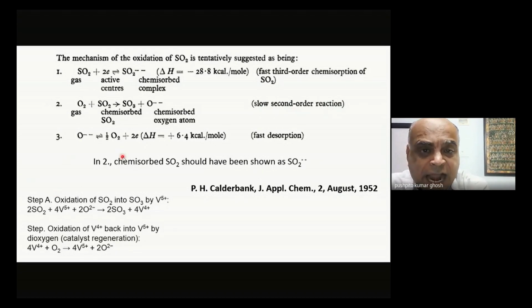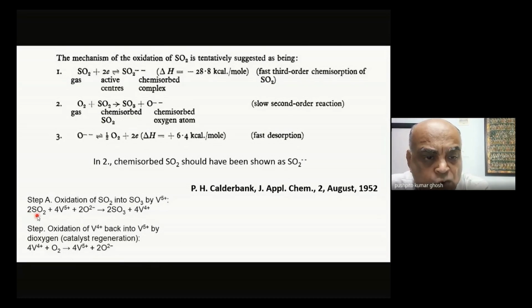And after that, what is happening is that this O2 minus is again giving back its electron on the surface to the catalyst and just going off as oxygen, O2. So that this 2e- again can pick up SO2 and this whole process can go on. If you look at it in terms of the vanadium, this is what is happening.